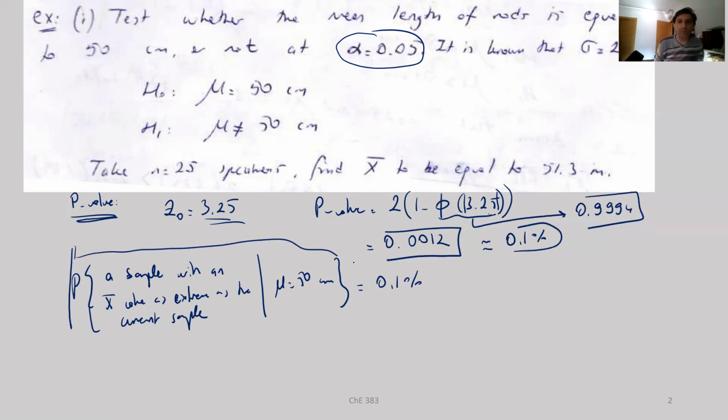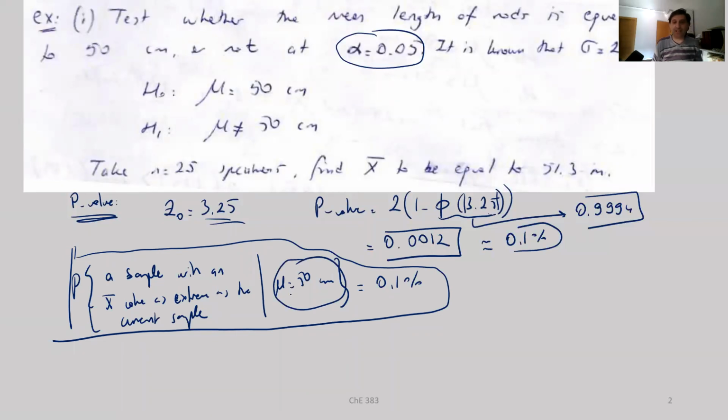It's a very low probability. So assuming that mu0 is 50 centimeters, it is only with 1 in 1,000 chance that we are going to obtain a sample with a sample statistic as extreme as this current one. Therefore, we do not think that mu0 equal to 50 centimeters will hold.